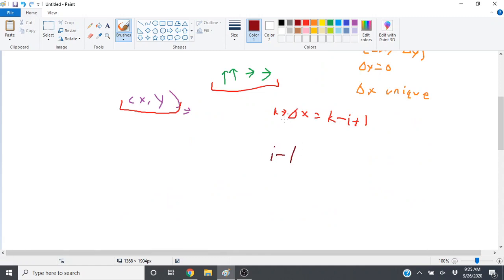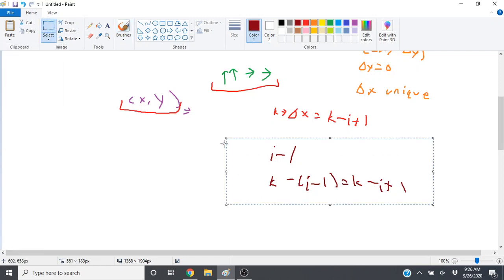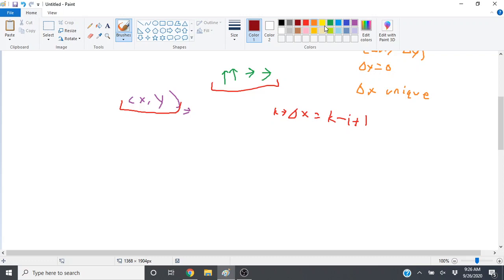That's another way to think about it. And then the remaining k minus i minus 1 moves are going to be blocked by the obstacle. Therefore, delta x is going to be equal to k minus i minus 1.